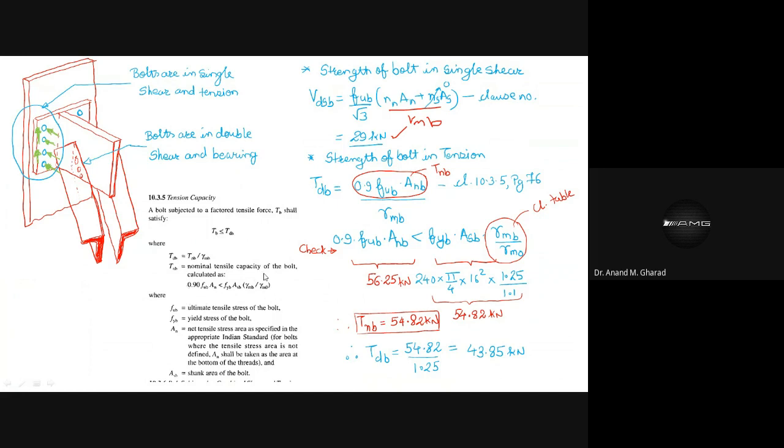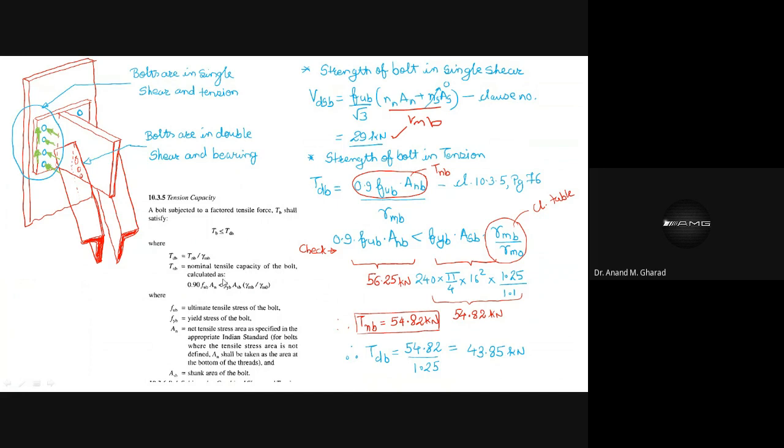And in this formula, there is one condition which the IS code specifies: this 0.9 FUB times AN value should be less than FYB times ASB into gamma MB divided by gamma M naught.